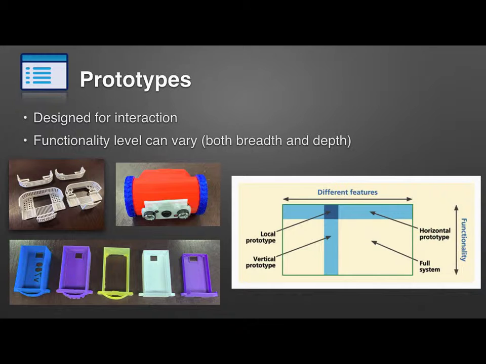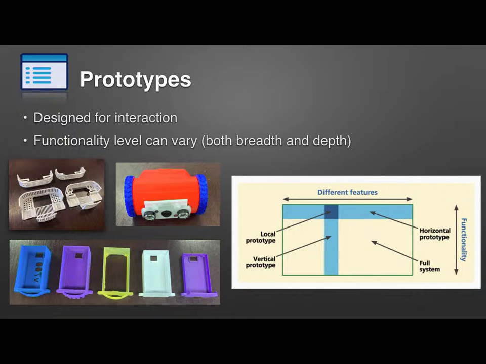So last time we talked about prototypes. We talked a little bit about general prototyping concepts, the idea of having different fidelities of prototype. We talked a little bit about hardware prototypes as well as software prototypes.